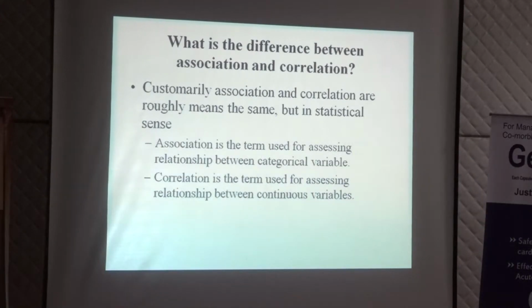Customarily they roughly mean the same, but in the statistical sense, association is the term used for assessing the relationship between two categorical variables, but correlation is the term used for assessing the relationship between continuous variables, like age and blood pressure. There we see correlation.